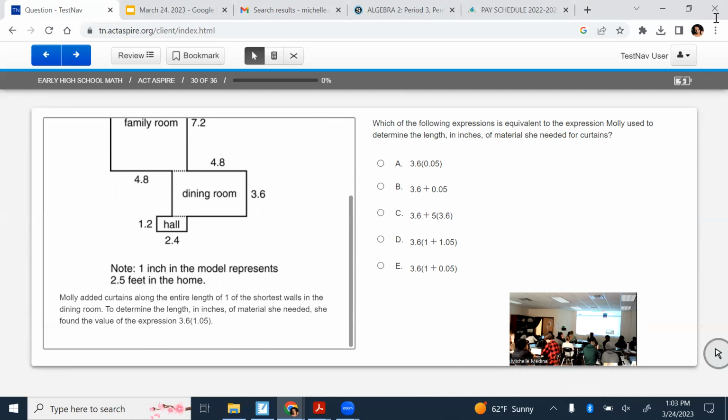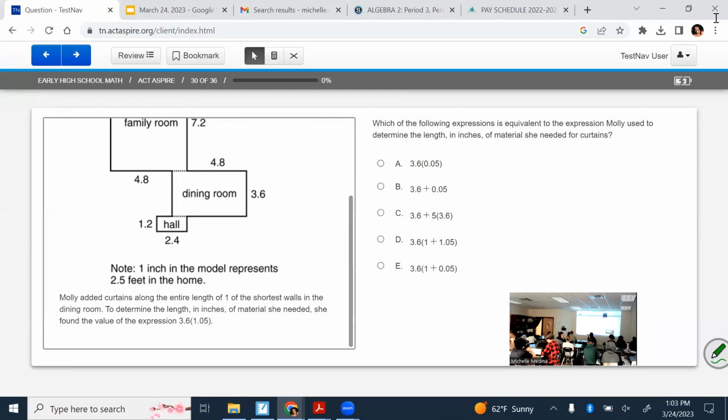But it says down here, Molly added curtains along the entire length of one of the shortest walls in the dining room. So which wall is shortest? The wall, the top or the side? Side. Okay, I agree, but let's see. Hold on.